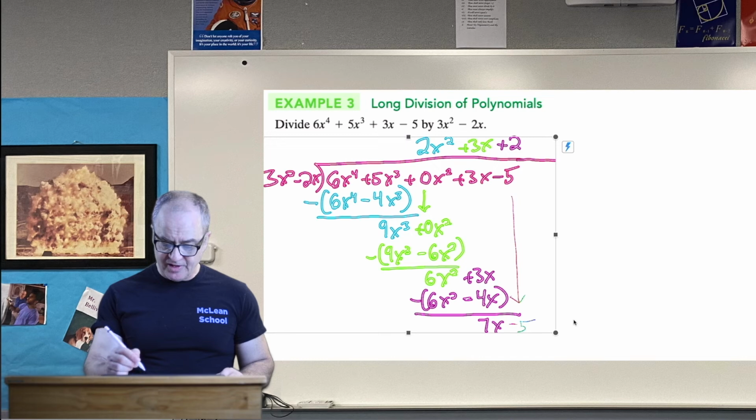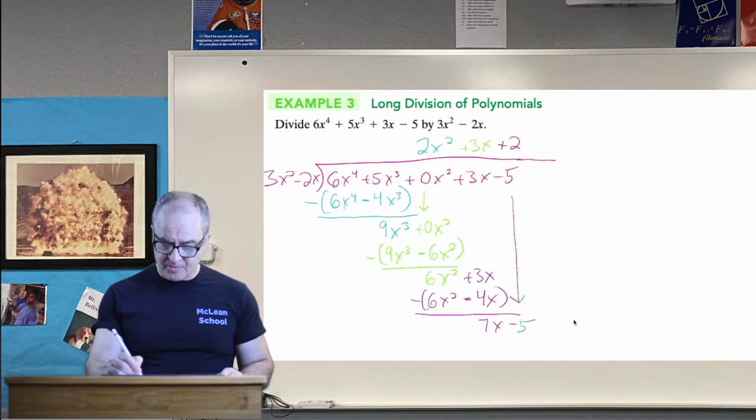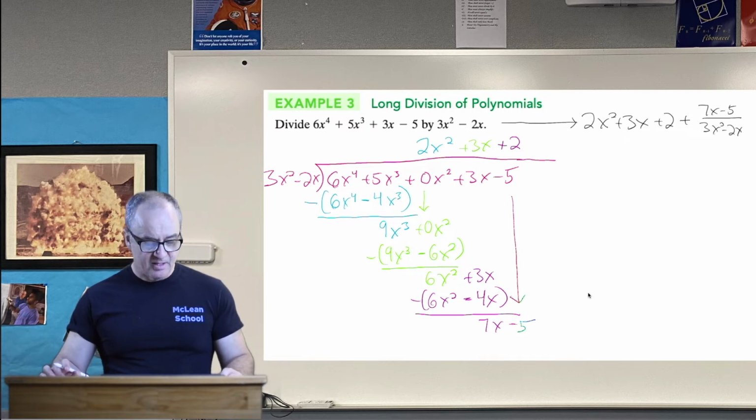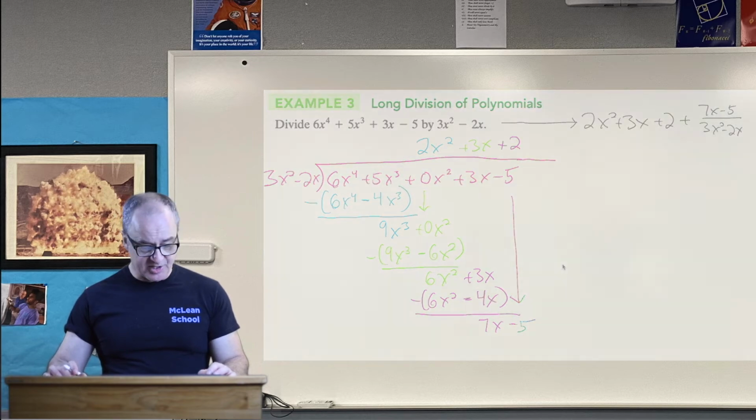Well, what we did is we figured out that this division problem has an answer that can be written as 2x squared plus 3x plus 2 plus 7x minus 5 over what we're dividing by originally, 3x squared minus 2x. Okay? Hopefully that's clear. Kind of like my color patterns here.